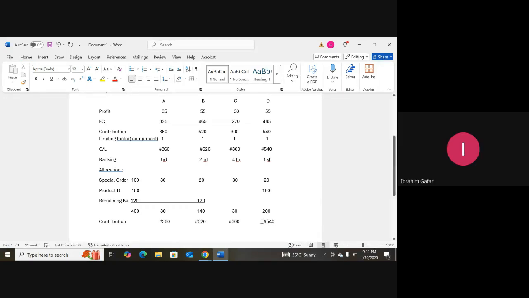540, which is D. So after getting our contribution, the next thing is to multiply it with the optimal production that we got.